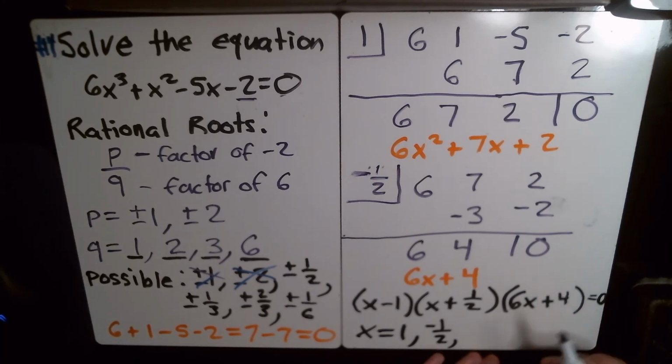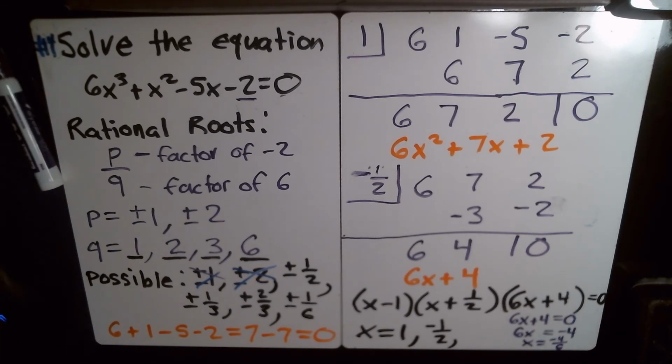Well, 6x plus 4 equals 0. We can subtract 4 over and then divide by 6. So we get negative 4 over 6, and that is negative 2/3. So those are going to be our answers here.